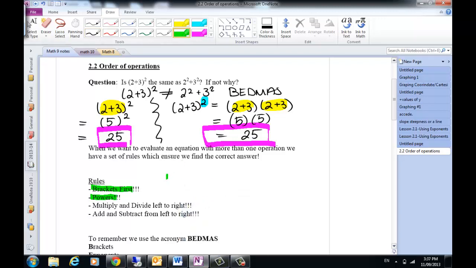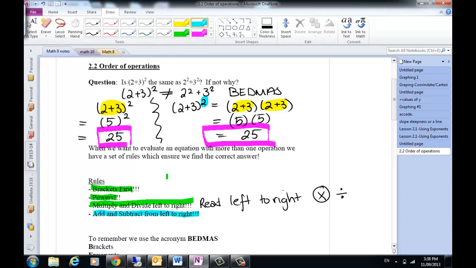So we always read left to right. So if you get to a multiplication and then after you find a division operator, you would do the multiplication first. And if you got to the division first and then the multiplication was after, you would do the division first. And it's the same thing for adding and subtraction.